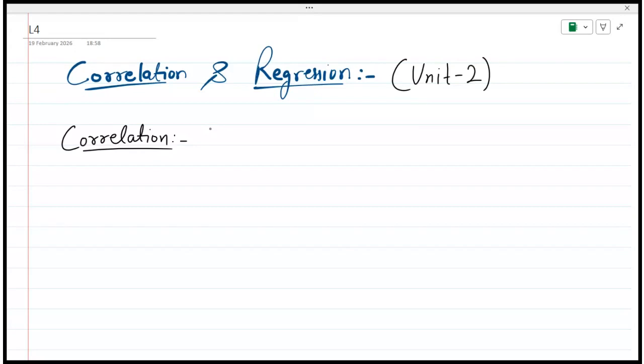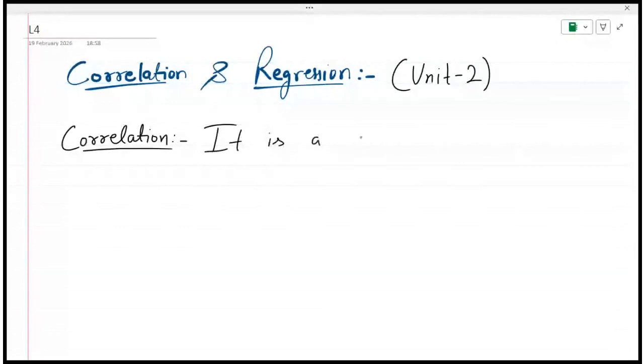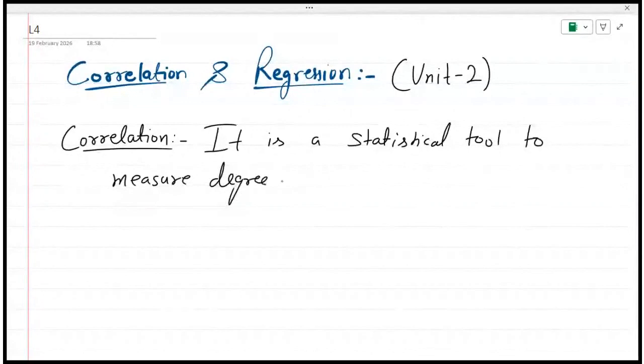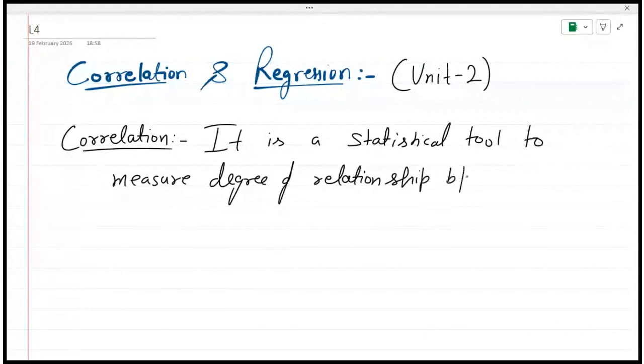So what is correlation? If I tell you in pure mathematical language, it is a statistical tool to measure the degree of relationship between two or more variables.